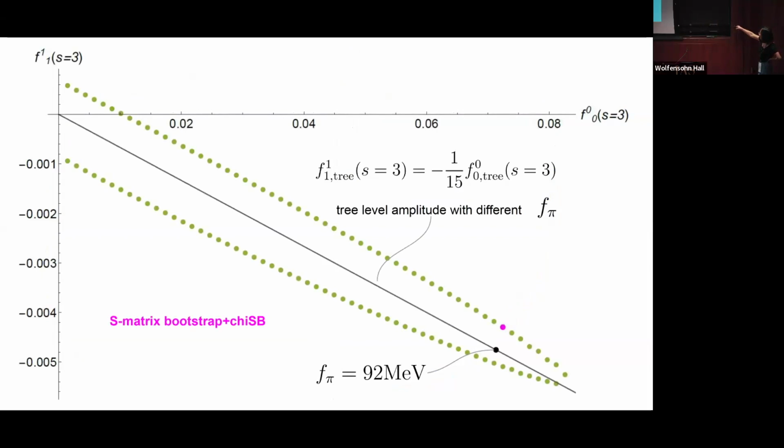And the black dot there corresponds to f_pi equal to 92 MeV. And so at this point, it's natural to identify a point on the boundary that's close to the 92 MeV point, and we want to look at the extremal amplitude at this point, in particular, what kind of phase shift we get in the physical region. And this is the point that we'll use for the value of f_pi.